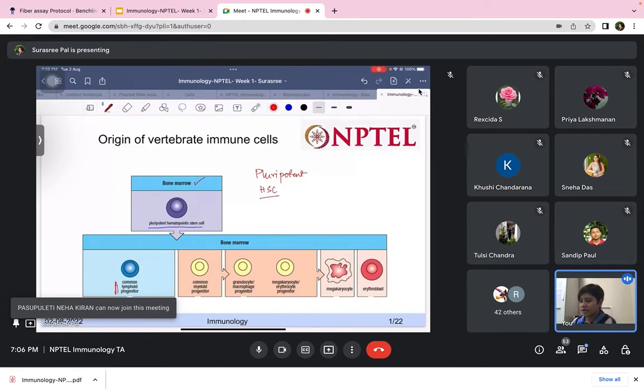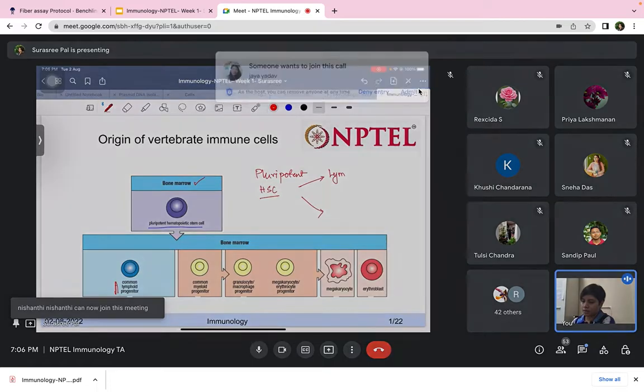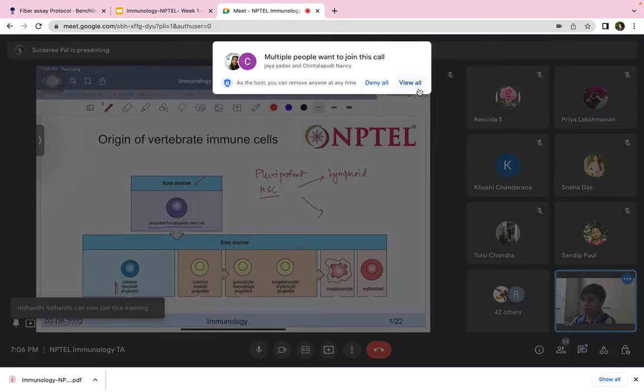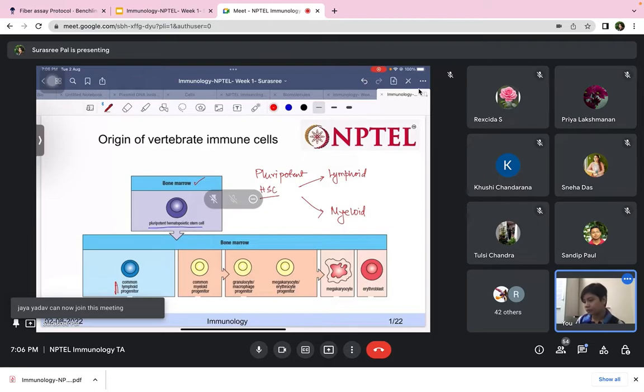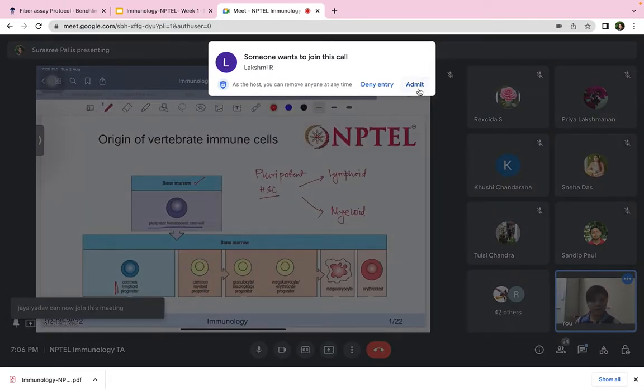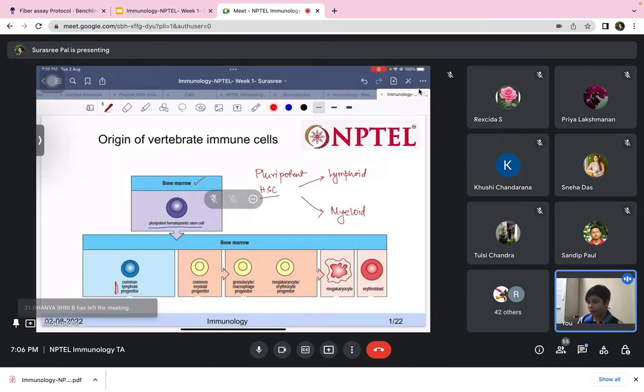So this HSC undergoes division and differentiation to form two lineages of cells, the lymphoid lineage and the myeloid lineage. And remember, this is occurring inside the bone marrow.